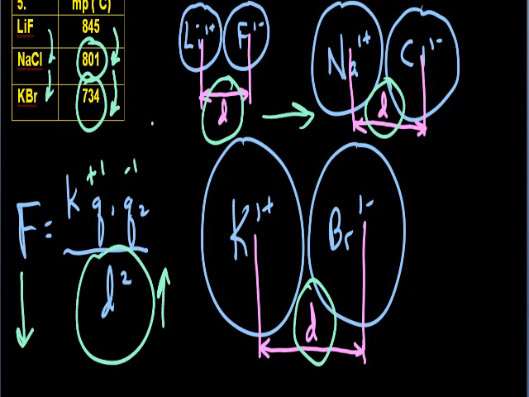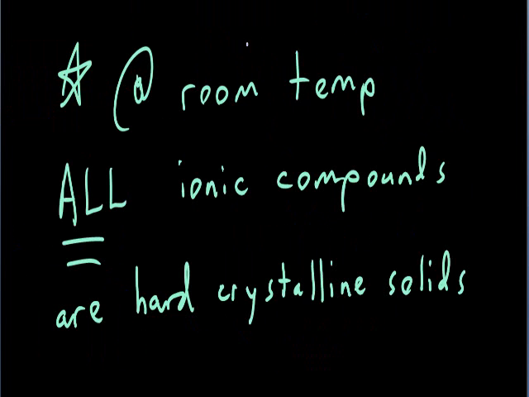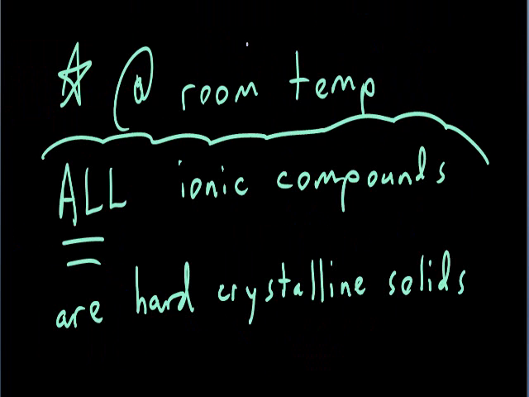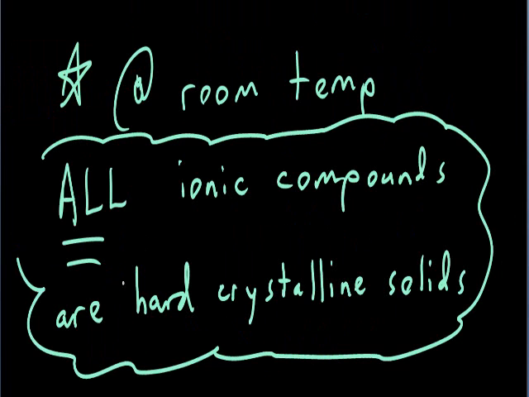An item of note that's indicative of the strength of the attractive forces in ionic compounds is that at room temperature, all ionic compounds are hard crystalline solids, which is an indication that the attractive forces in ionic compounds are extraordinarily strong, which is the case for the ionic bonds that exist in ionic compounds.